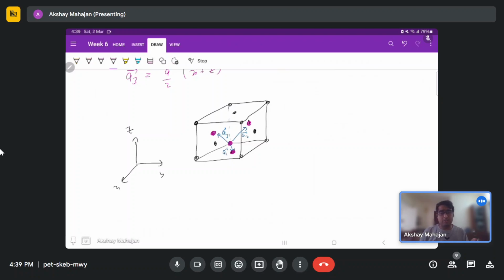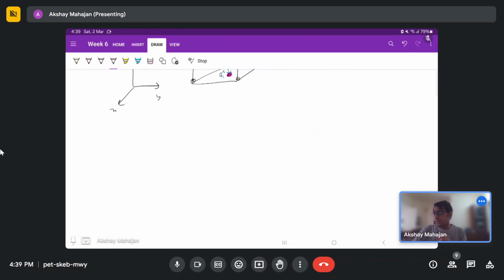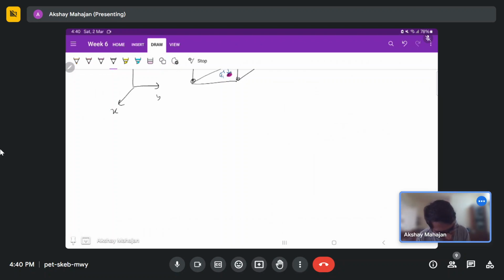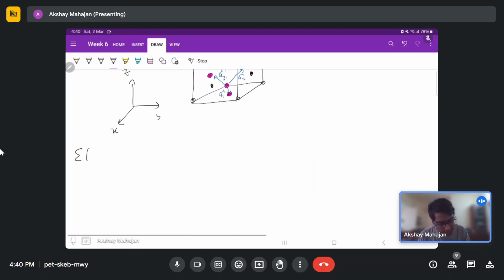Similarly, by combinations of a1, a2, a3, you can find the other nearest neighbors. I will just give you the coordinates and solve this quickly, because there are going to be 13 terms, and it will take a lot of time to solve properly. So there are 12 neighbors, which you can find by a combination of a1, a2, a3.